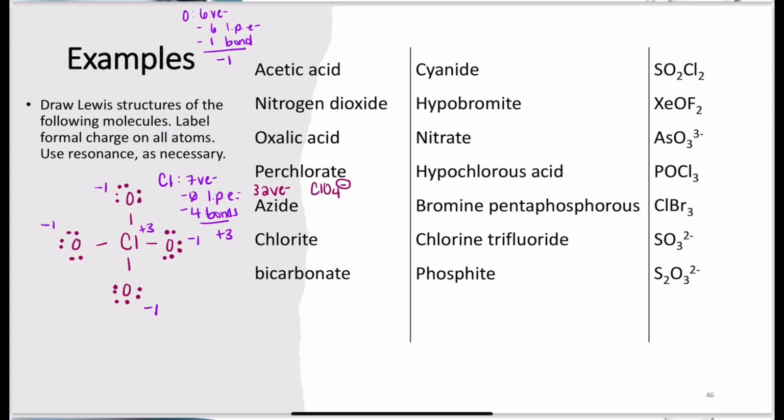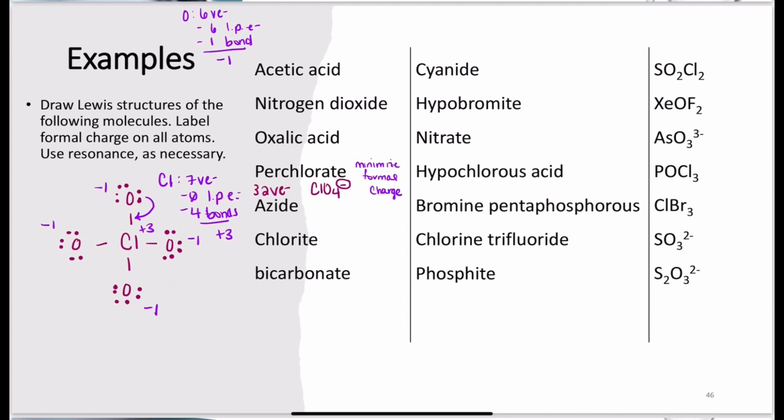Now, you could say, okay, well, I drew a Lewis structure. You did, but it's not valid. You need to minimize your formal charge. We can do that by forming multiple bonds. What if this oxygen donated to here?